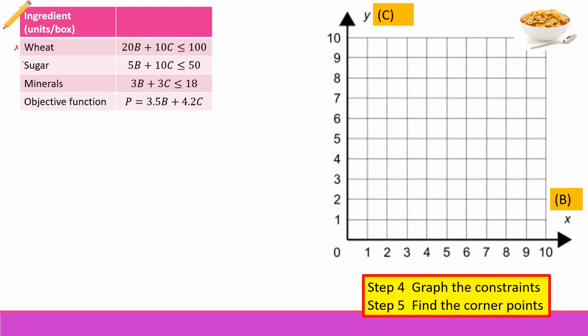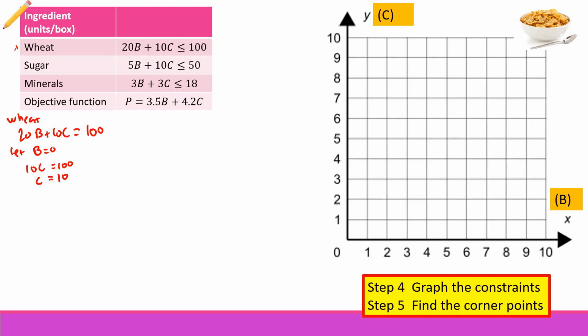So the first one, for wheat, we're going to say 20b plus 10c equals 100. Then we let b equal 0, which gives you 10c equals 100, which means c equals 10.